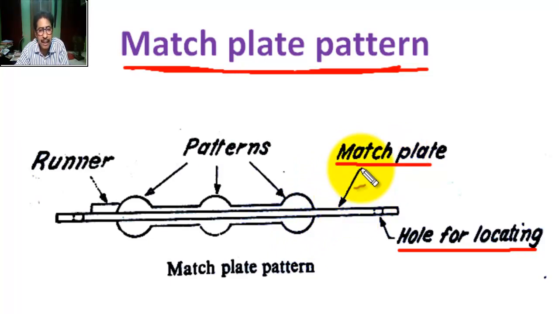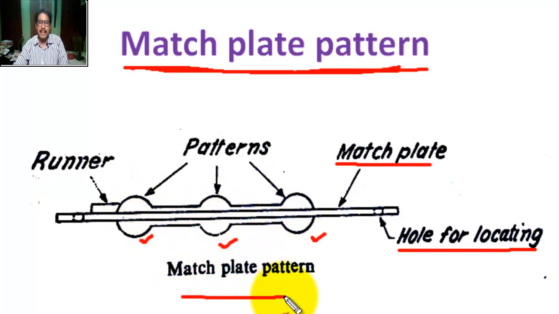This is the match plate, and the other is on the other side of the match plate. The plate carries only one pattern or a group of patterns. Here three groups of patterns are mounted in the same way on its two sides. Okay.